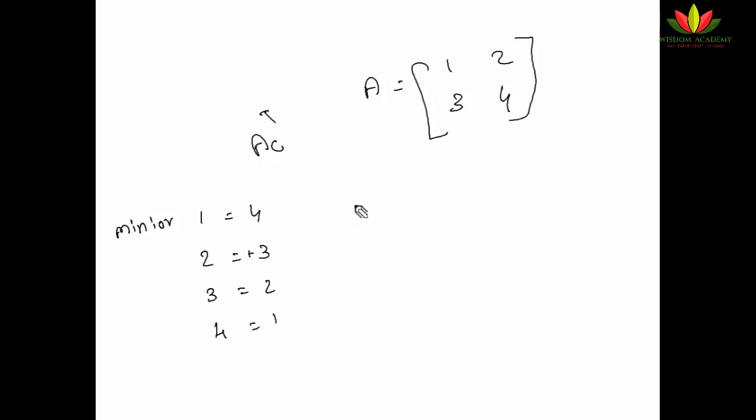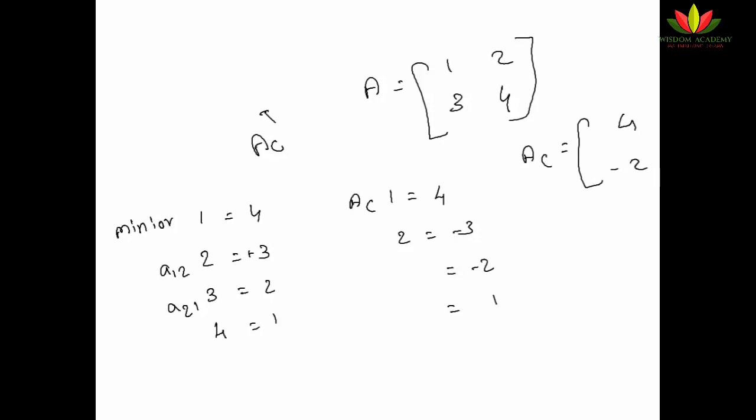What will be the cofactor then? AC of 1 will be equal to 4. 2 will be minus 3. Why am I putting this here? Because it is A12, A21, these both are odd, so I am changing the sign of that number. So the cofactor I will get is 4, minus 3, minus 2, 1.